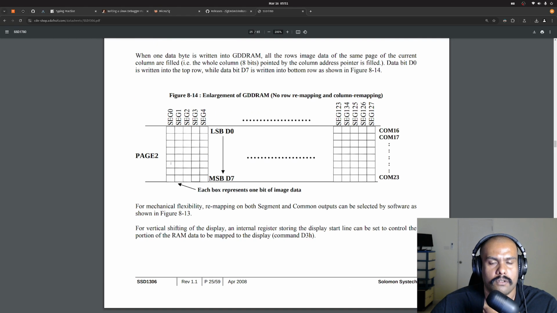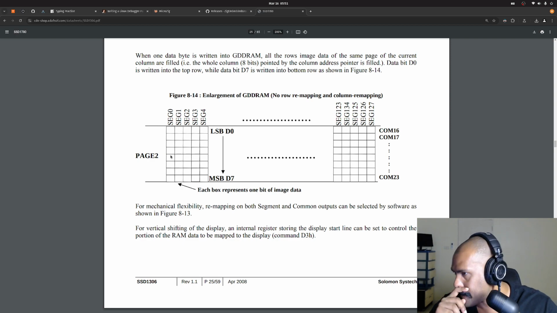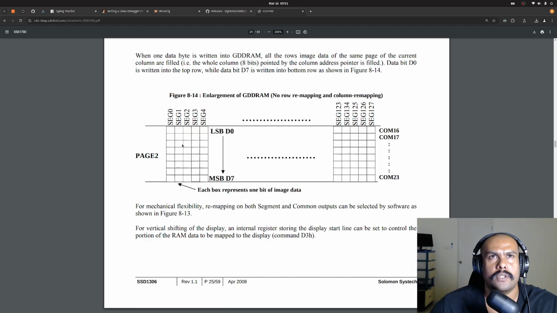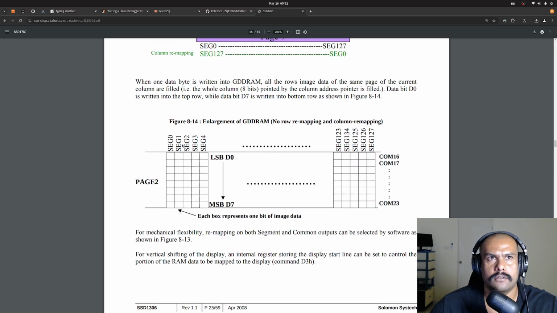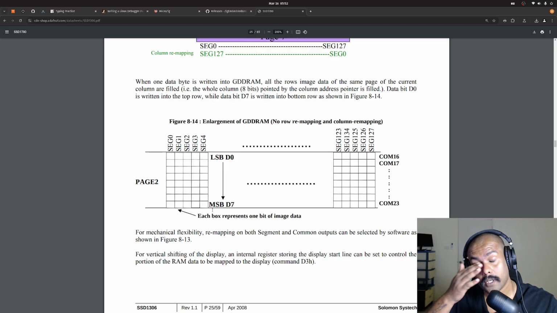Oh no, 8 times 8. No, 8, sorry. It's 128 divided by 8, 16, 64 times 2. Okay, so there's 16 by 8 bytes. Kinda.